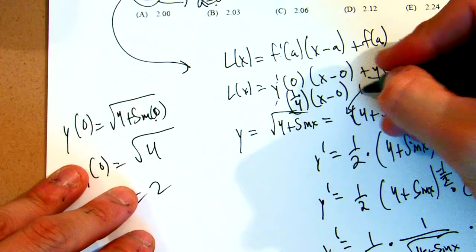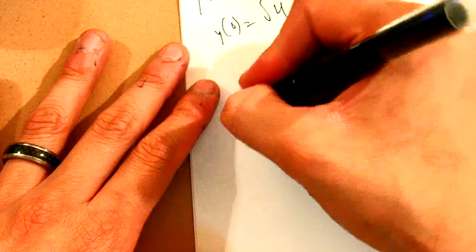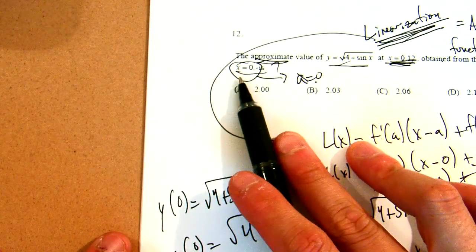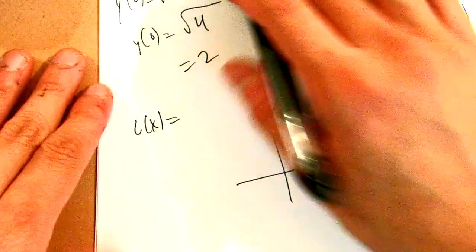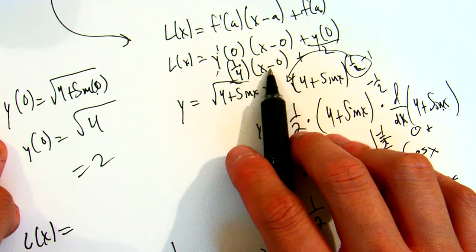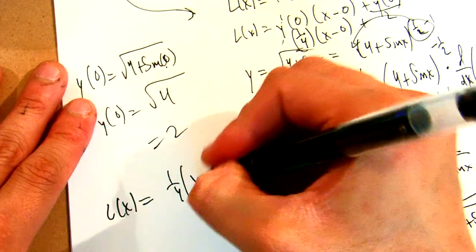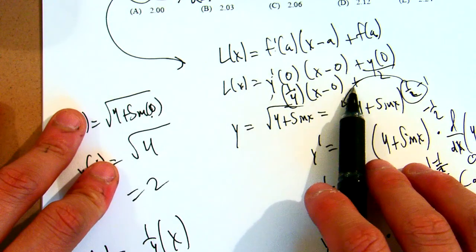So that goes plus here. So I'm going to rewrite this now. Our linearization when a was 0, i.e. around 0, because they gave it to us there, was 1/4 times x minus 0, which is x, right? So it's 1/4 of x plus 2.